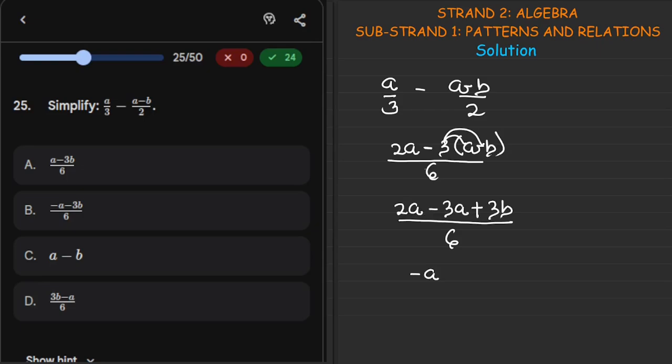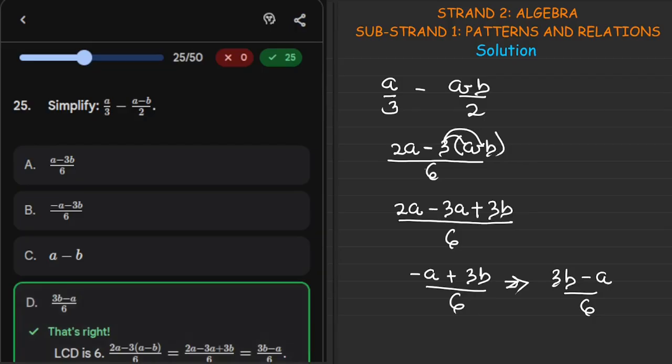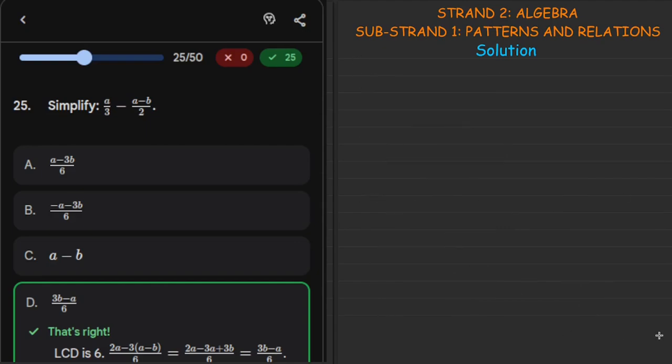So we have our negative a, then plus 3b all over 6. Looking at our options we have there, there's a negative a, but then a negative 3b. That is not what we have here. So it can be rewritten as this. So we have a 3b minus a all over 6. And that is what? D. So that is 25.